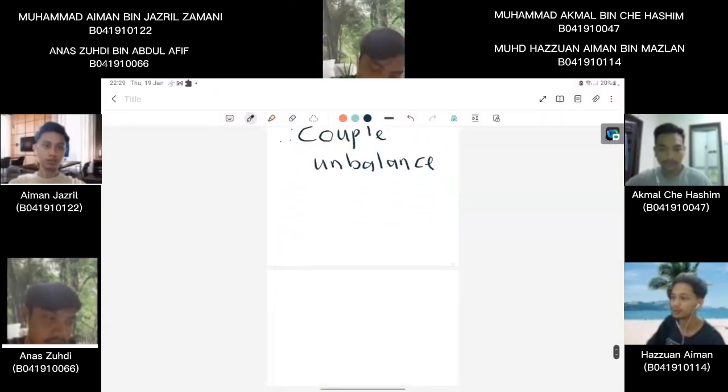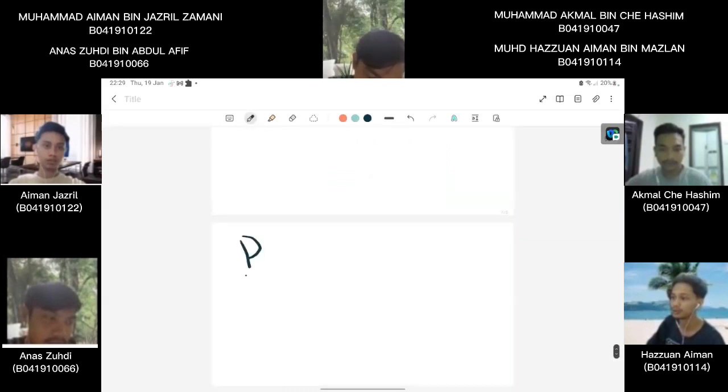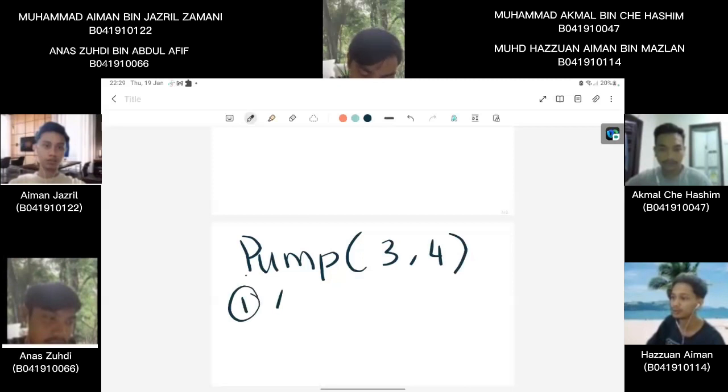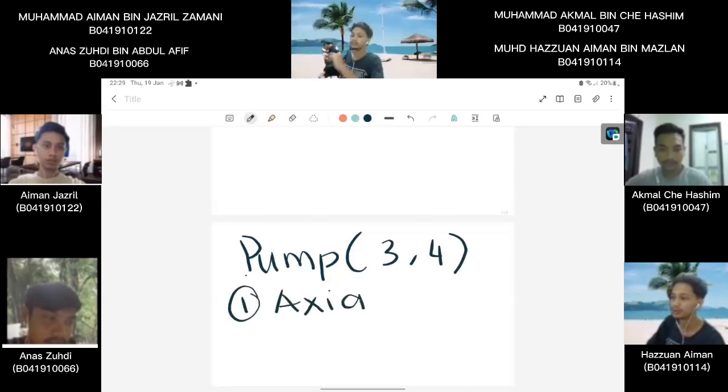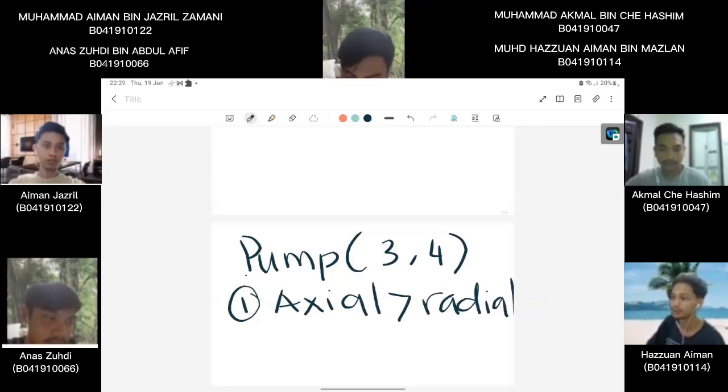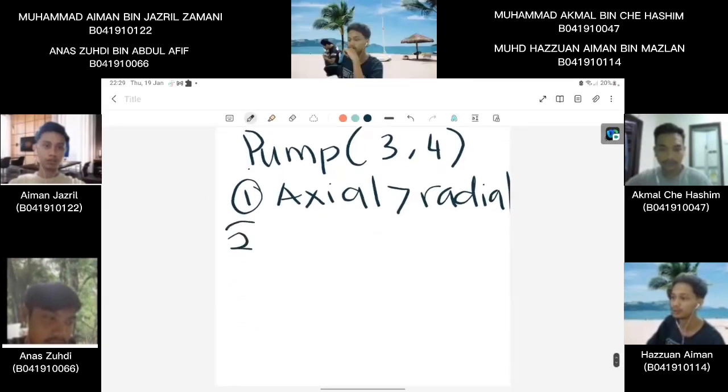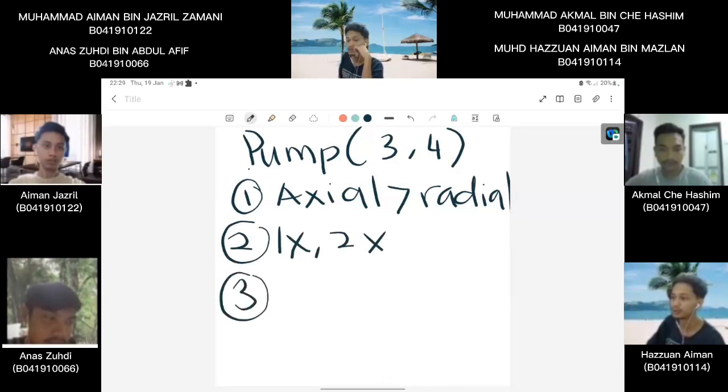Okay, so for the pump at position 3 and 4, the first is axial bigger than radial. The second criterion, we have 1x and 2x.